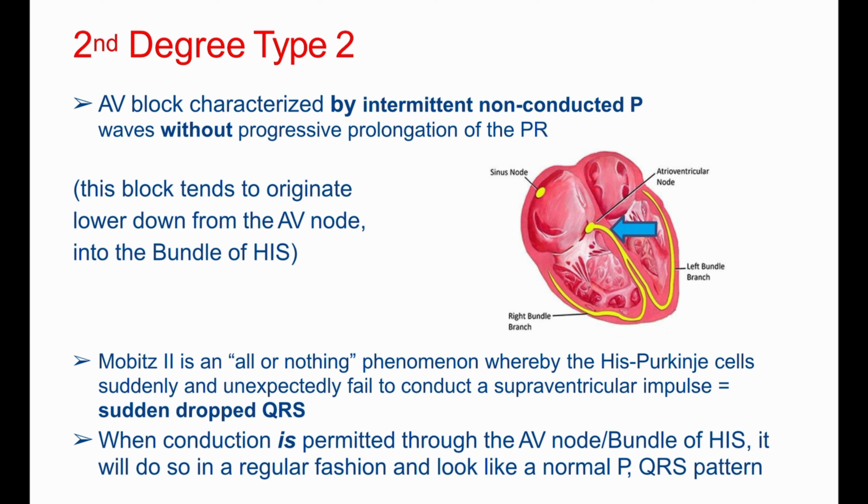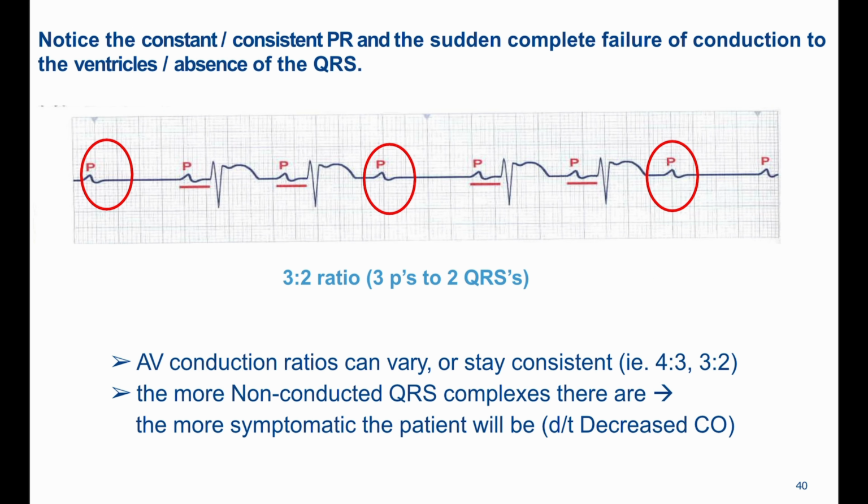That means it causes a sudden drop of the QRS when conduction is permitted through the AV node or bundle of His. It will do so in a regular fashion and looks like a normal QRS pattern. The AV conduction ratio can vary or stay consistent, like 4 to 3 or 3 to 2.